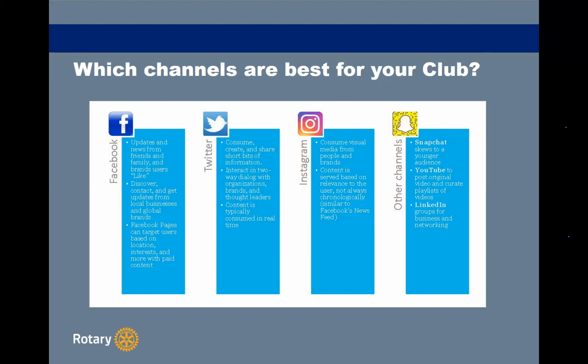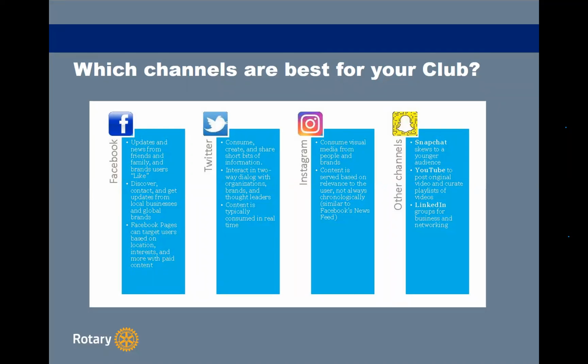So if you're really trying to identify Rotarians, which primarily is in their 30s, 40s, 50s, and 60s, Facebook is going to be the ideal network for you. And then for Instagram, what you're going to really want to focus on is those younger members, the Interactors and Rotaractors, as well as the young professionals who are just coming up in their careers, so in their 20s and 30s. We can kind of go over each channel.